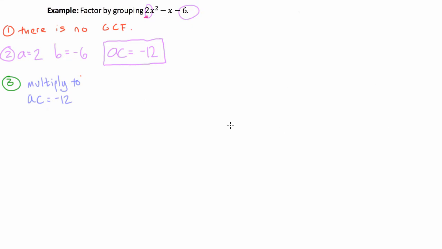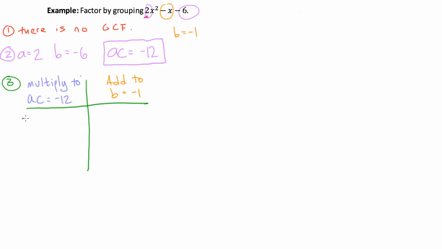And then I also need them to add to b, and my b here, the coefficient of that x, is -1. So there's still some guessing and checking in this method, because I'm going to look at a bunch of numbers that multiply to -12, but instead of doing the whole FOIL thing, I'm just going to look at whether or not they add to the correct thing.